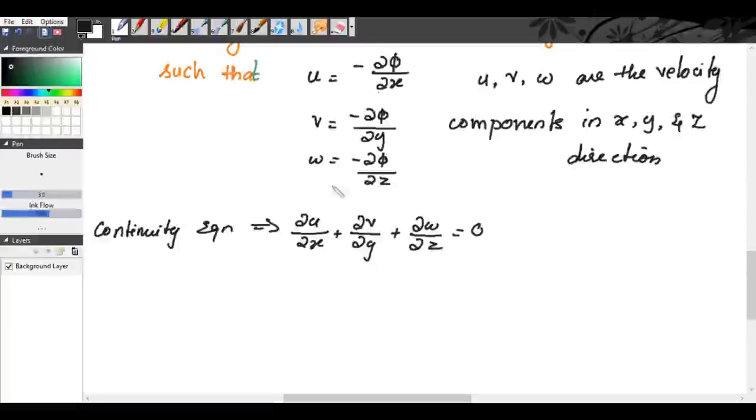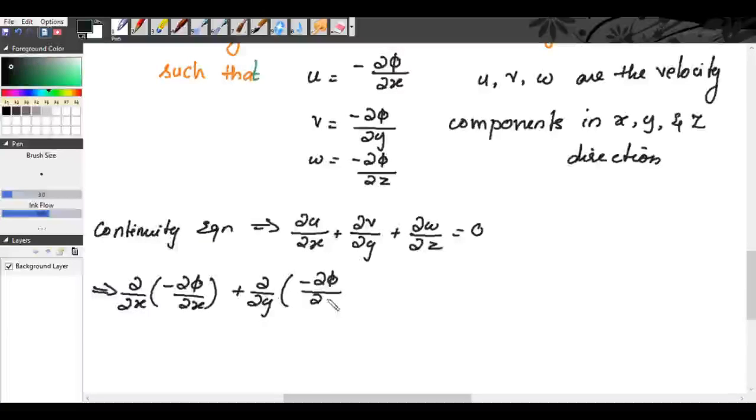Now we will substitute this u, v and w in terms of our velocity potential. So we get dou by dou x of minus dou pi by dou x, plus dou by dou y of minus dou pi by dou y, plus dou by dou z of minus dou pi by dou z, that is equal to 0.